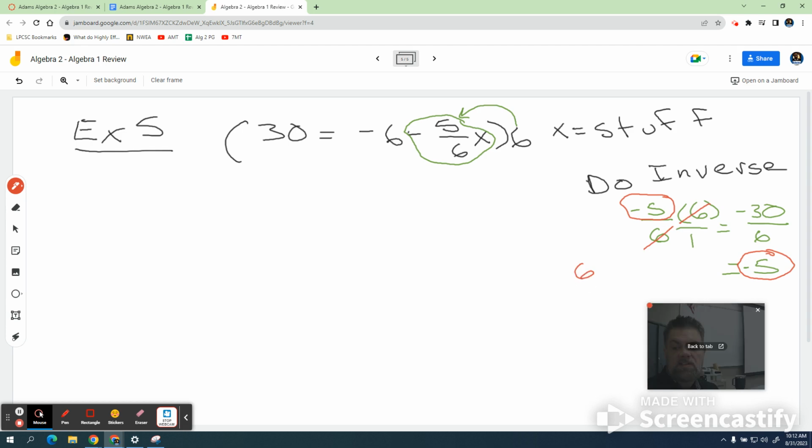You know what I'm saying? What is 6 divided by 6? This is equal to 1. So really, we're left with the numerator times 1. So we did all that math to get negative 5x. Right? We got to tack on the x. We can't just get rid of it or ignore it.